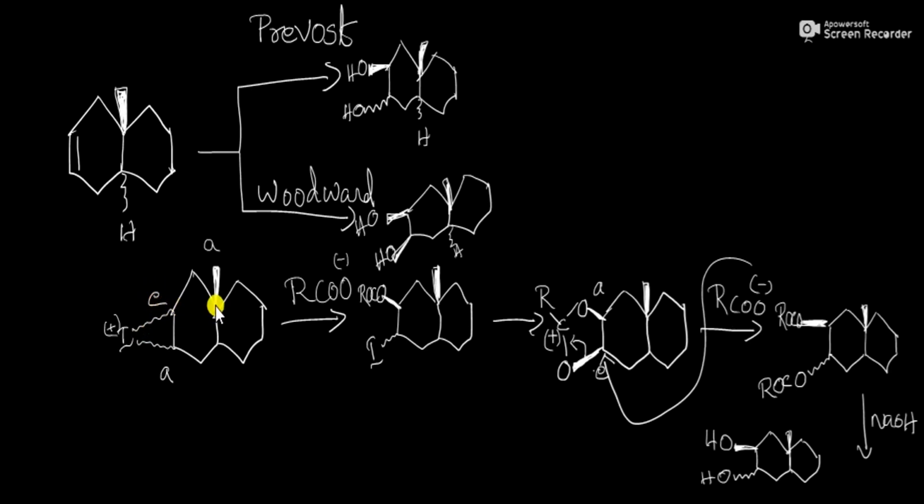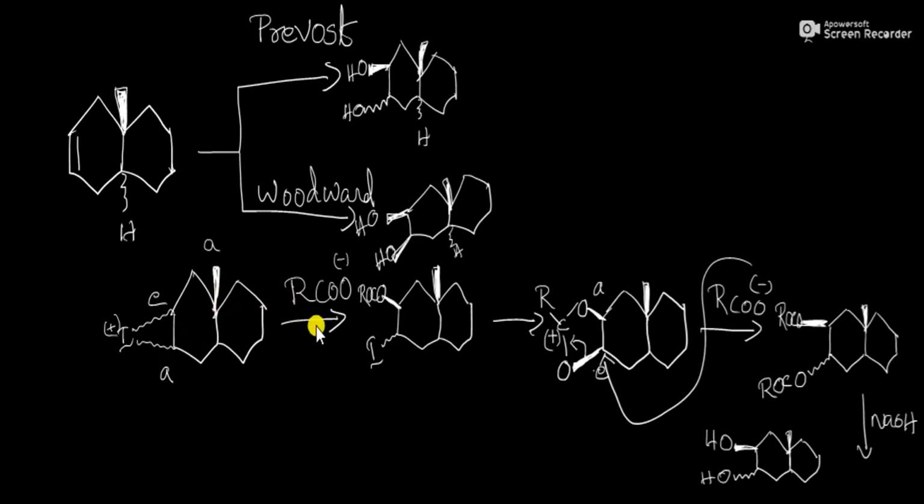The positions are 1, 2, 3. 1, 3 trans. Consider or imagine a decalin in which 1, 3 trans is axial equatorial geometry, and this is 1, 4 position, 1, 4 trans position, 1, 4 trans will be axial.